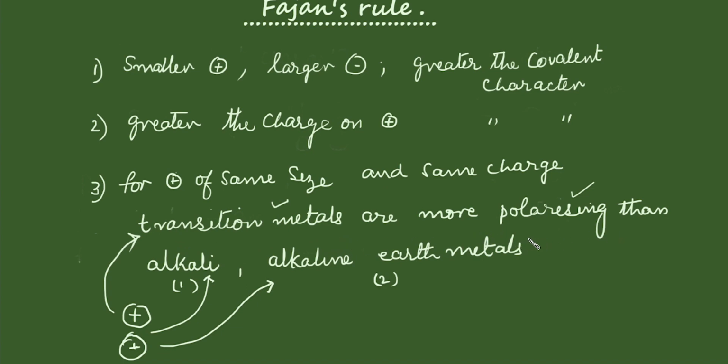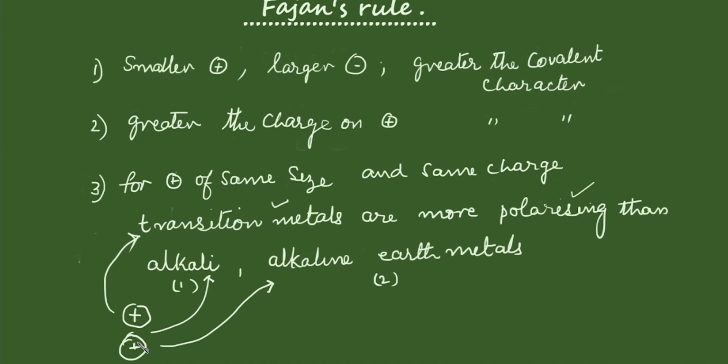That is, the compound having transition metal will have more covalent character than the compound having alkali metal or alkaline earth metal as the cation. What is the other condition? Their charges should be the same. The size of the cations should be the same.